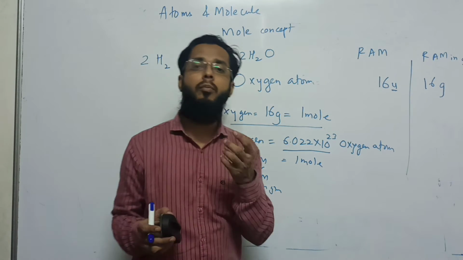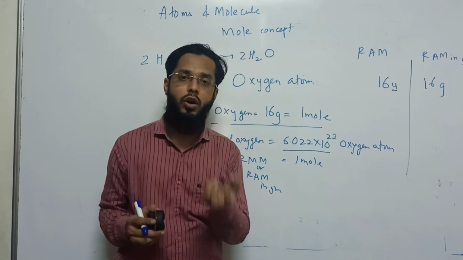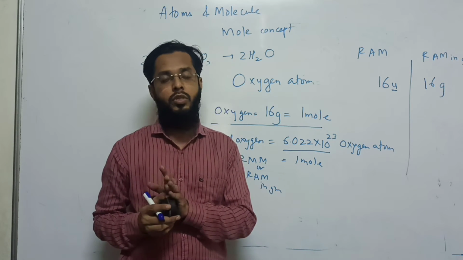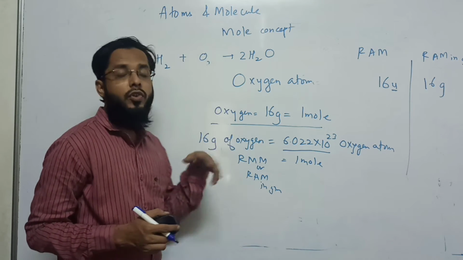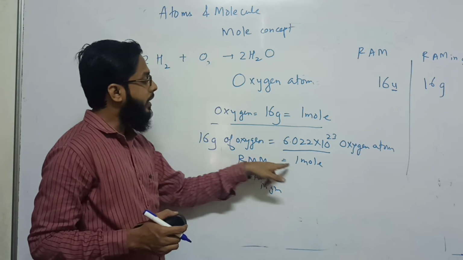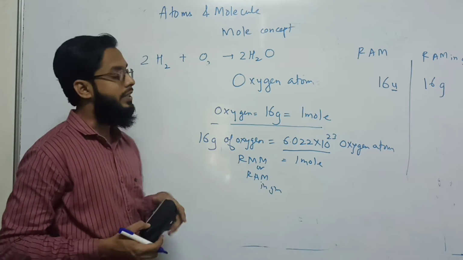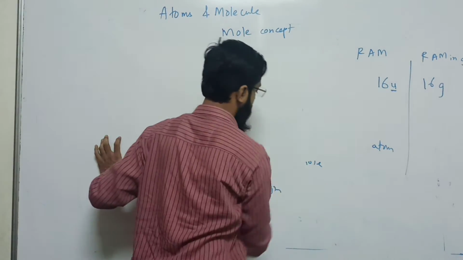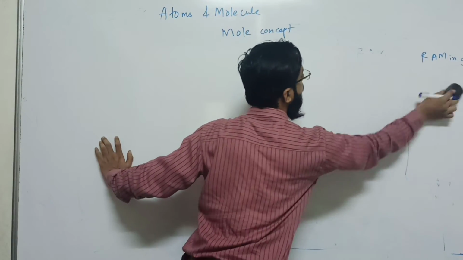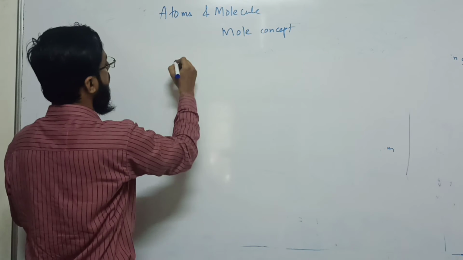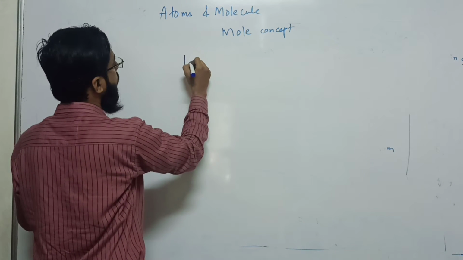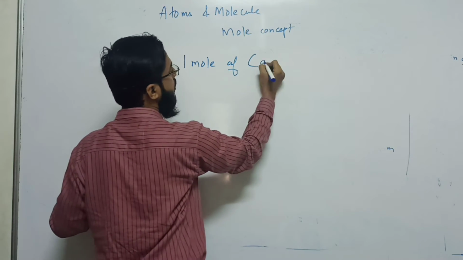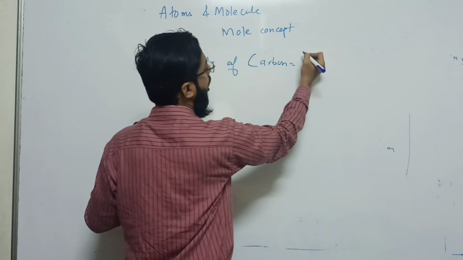So the molecular weight, atomic weight which you have learned is actually relative mass, which is not a unit. But when you convert into grams, it becomes 1 mole. Let's take another example. One mole of carbon, how many grams?